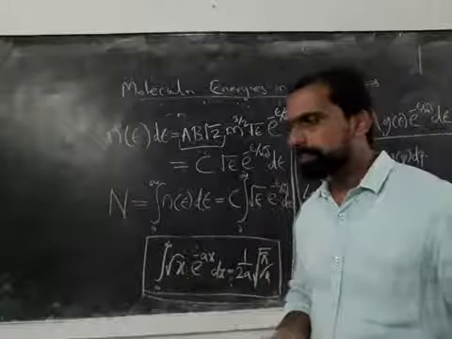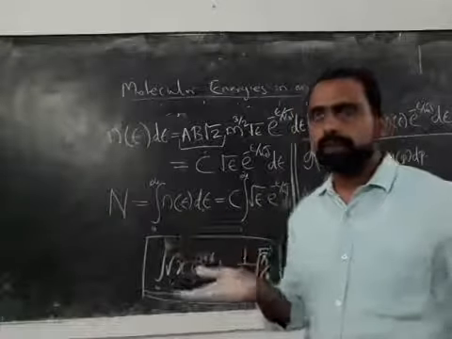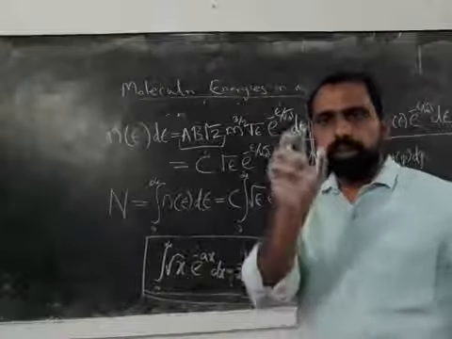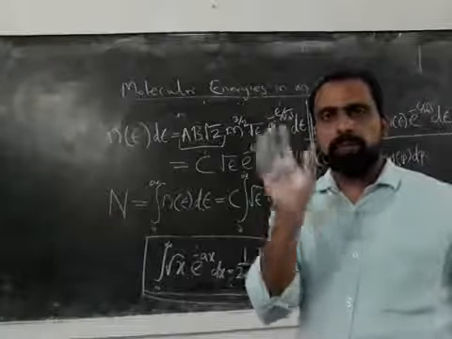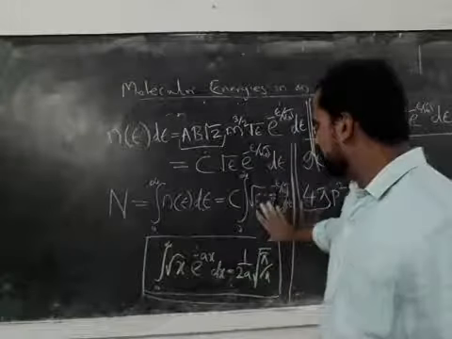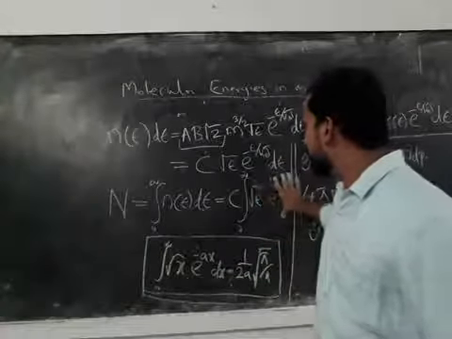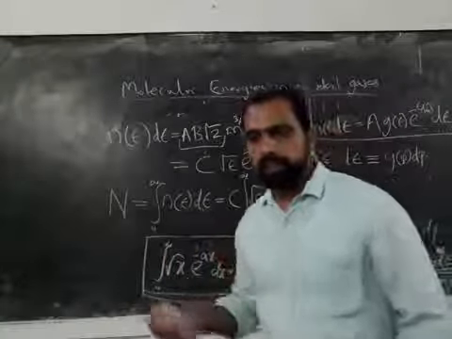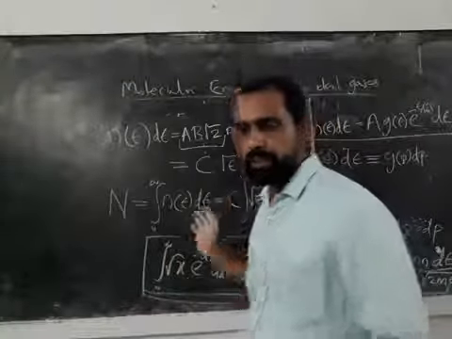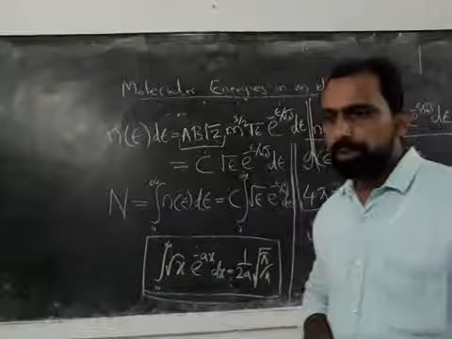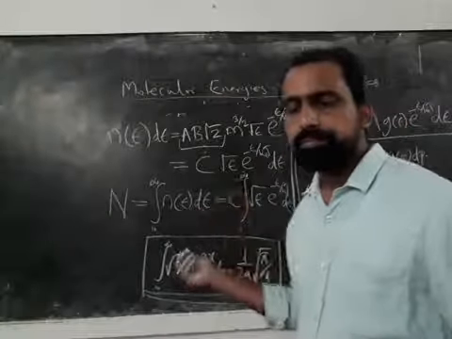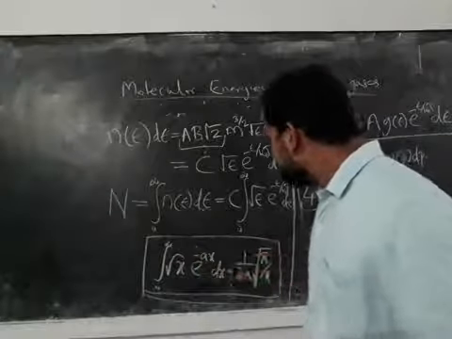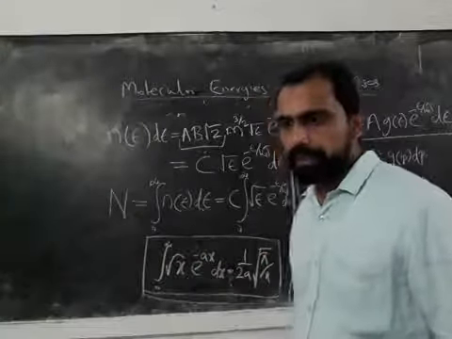Like if you are going for molecules and all, they have some standard atomic number and all those things. So in mathematics there are some standard integrals. Direct integration is a bit difficult, but you can just make use of your standard integral.